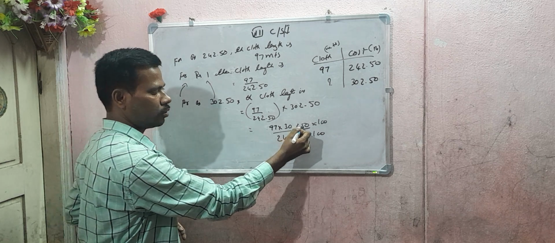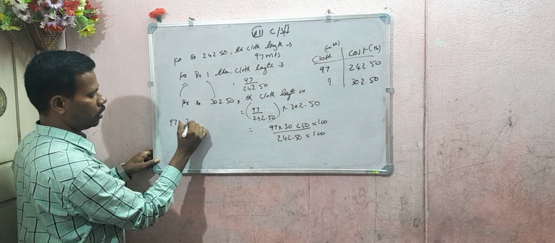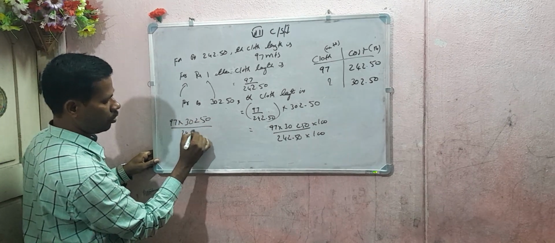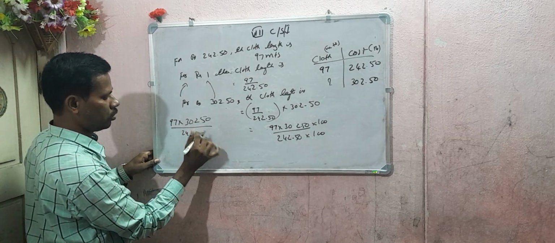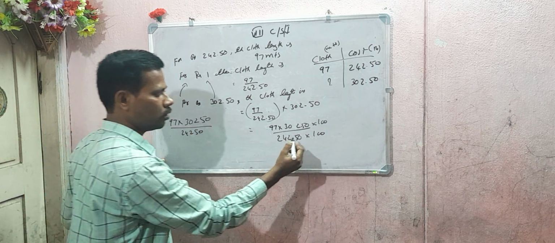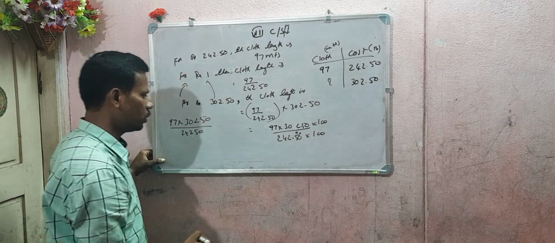After the point there are 2 digits. So 97 into 30250 by 24250. The point will move 2 digits.